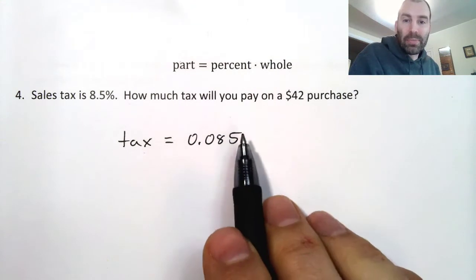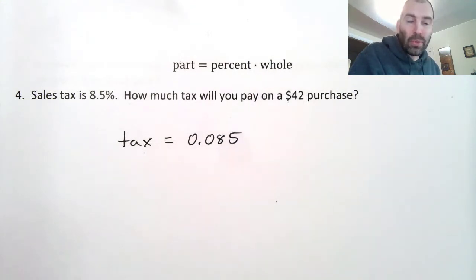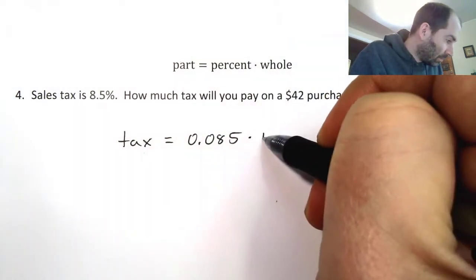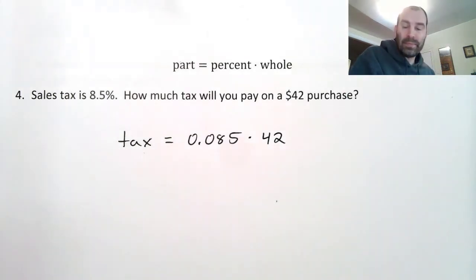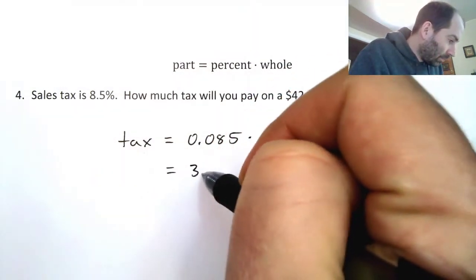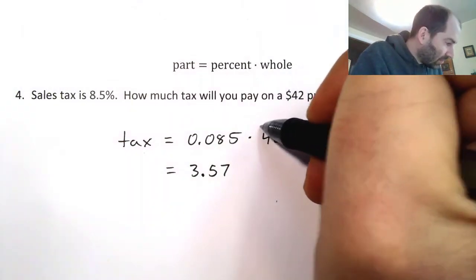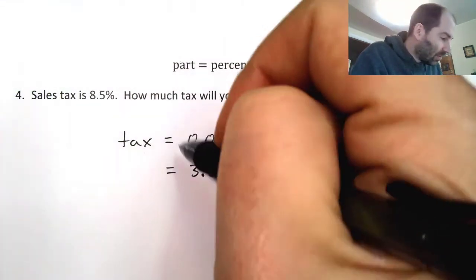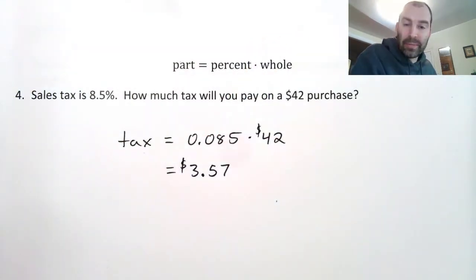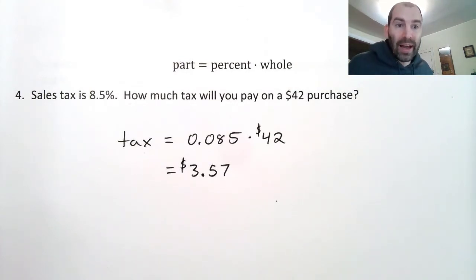And then I'm going to multiply this times the whole amount, which is $42. And when we do this computation, we get 3.57. Now, if I kept track of units, you'd see I have the dollars up here, and so this is still dollars over here. So it's $3.57. That would be our tax.